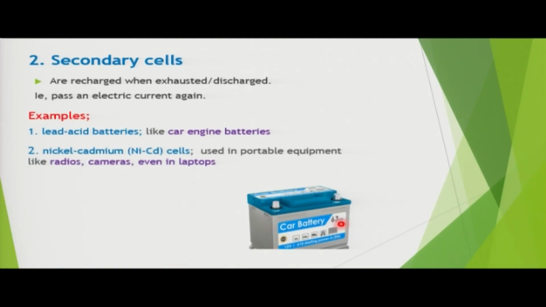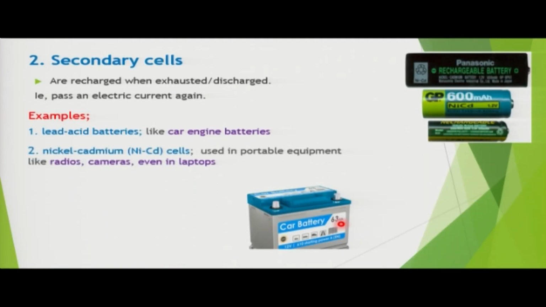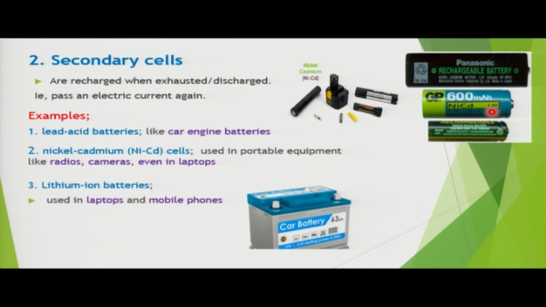Then we also have the nickel-cadmium cells. You see the examples are there. They come in different shapes. Do not cram that the cell will always be like this. No. They come in different cells and different shapes. We also have the lithium-ion battery.